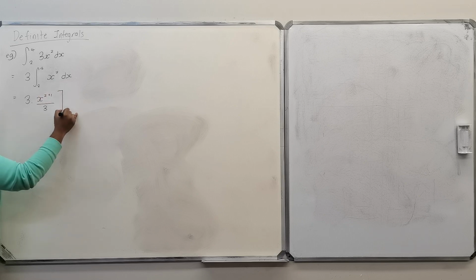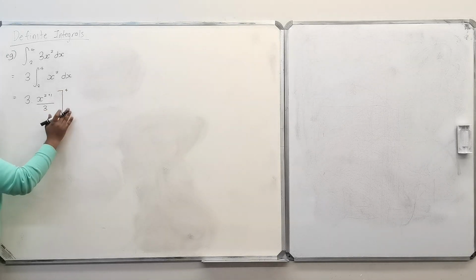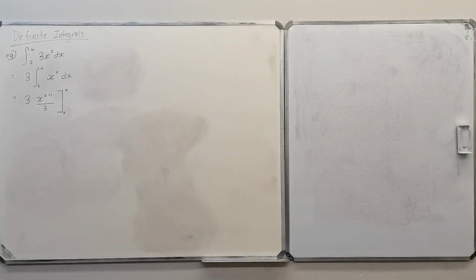And then you must start getting used to writing it like this, where you have your upper and lower limits, right? So you don't forget that there is an upper and lower limit. Plus C, sorry. Forgot about it.